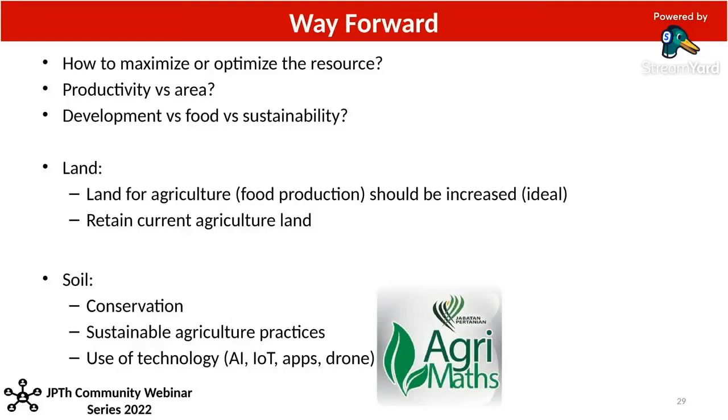If we don't have enough area for food crop production, we cannot produce enough stock for our citizens. Not only that, we also cannot export our production, and it will cause loss to Malaysia itself, as Malaysia is an exporter in some commodities. Okay, with that, I think I end my sharing session for today.